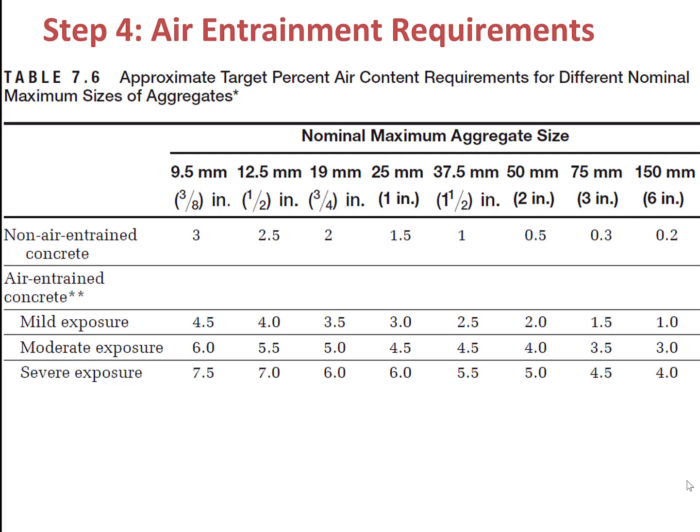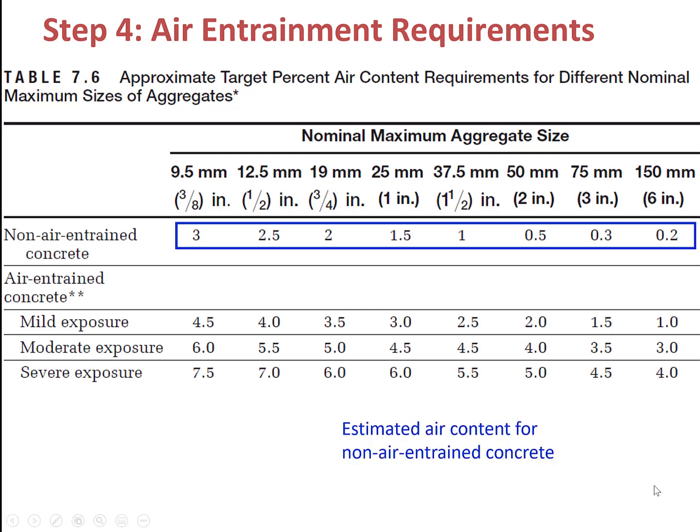From this table, you can see the recommended air content depends on aggregate size and also the exposure conditions. In the first row, it shows the estimated air content for non-air entrained concrete. Those are the air voids naturally formed in the paste structure during the hydration process.